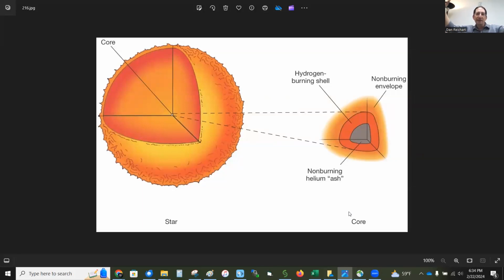And so the outer layers will shrink and heat up. Again, the outer layers do the opposite of the core because of the mirror effect of that hydrogen burning shell. Core is now expanding and heating up, and the outer layers are contracting and cooling down.